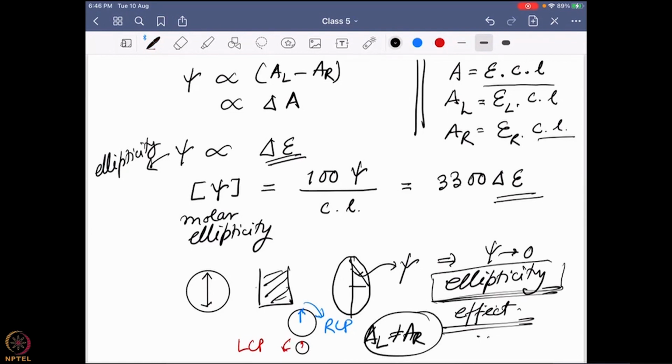So what is the phenomenon that is resulting in this ellipticity? Very similar to the optical rotation, where we said it is a circular birefringence. Over here we call it circular because it is a difference in circularly polarized light. Dichroism. Di means again different. Chroism means color. That means two different colors.